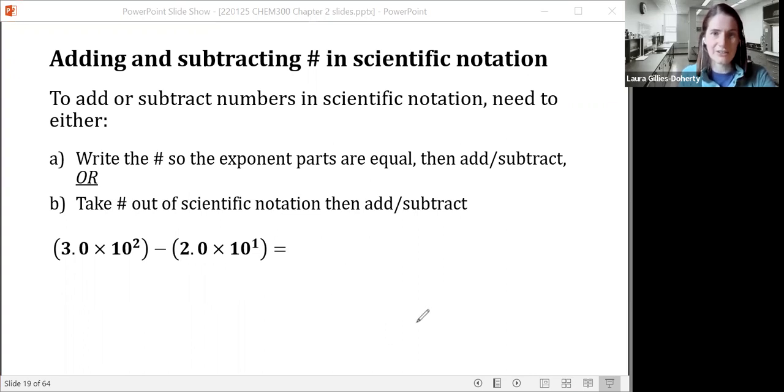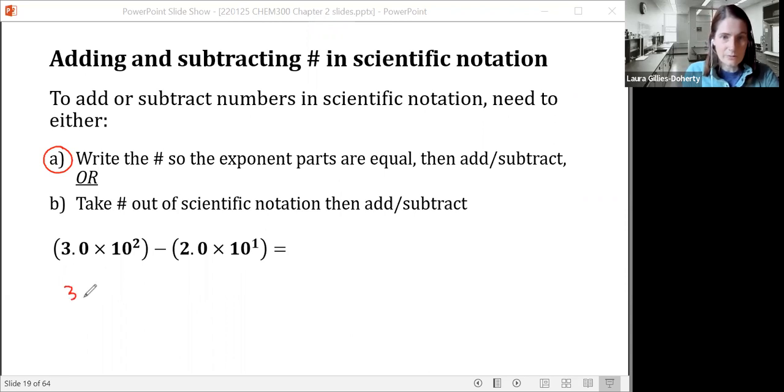You can also use your calculator, which is, I think, what probably most of the class will be doing. But we want you to know how to do this by hand so that if you need to, particularly when you're taking in-class quizzes and exams, you're able to do it by hand as well. Okay, so let's first write these so they both have equal exponent parts and do it that way to begin with, and then we'll do it the other way.